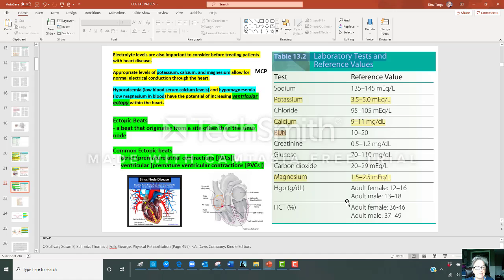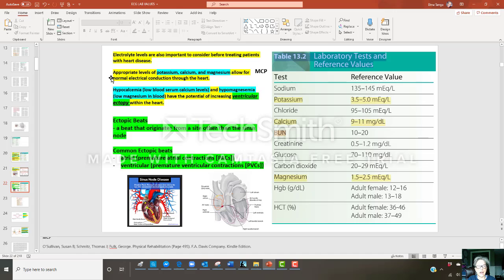An ectopic beat is a beat that originates from a site other than the sinus node. Common ectopic beats are PACs and PVCs: premature atrial contractions and premature ventricular contractions.